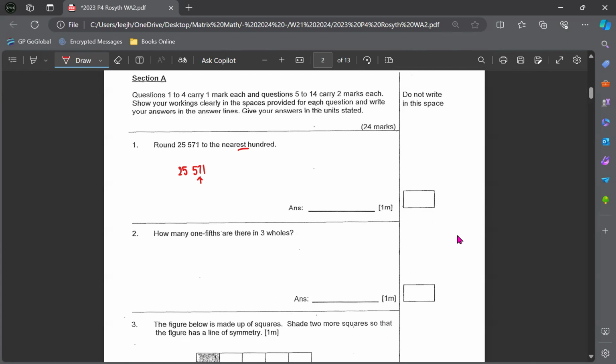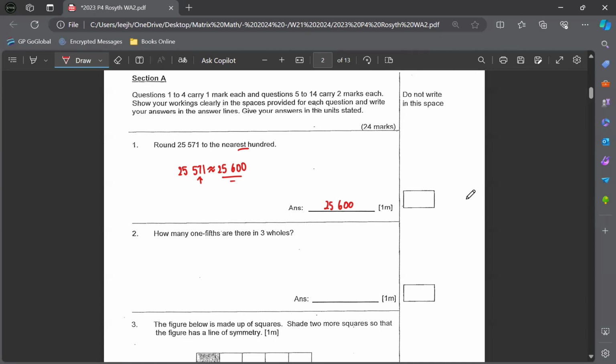If it's 4 and below, we remain. So here is a digit of 7, which means we can round the 500s up to 600. So it's 25,600. This is your answer.